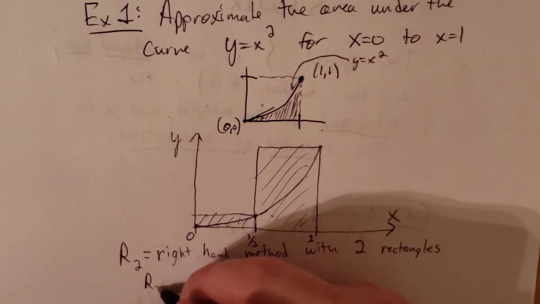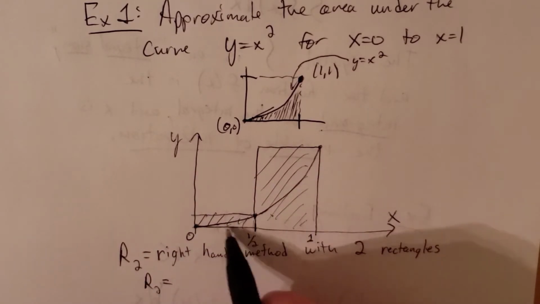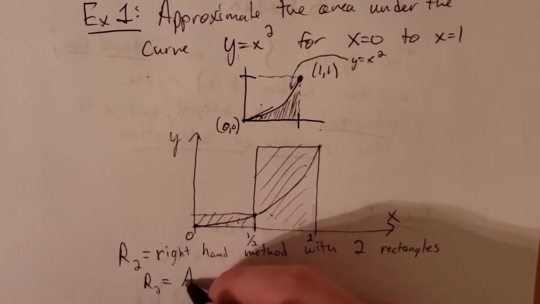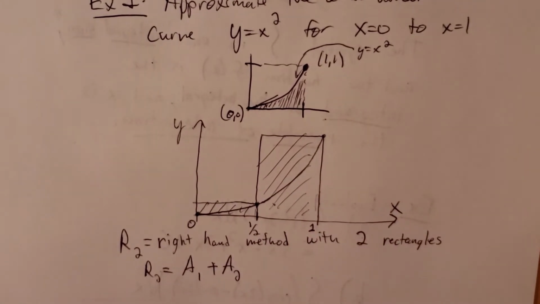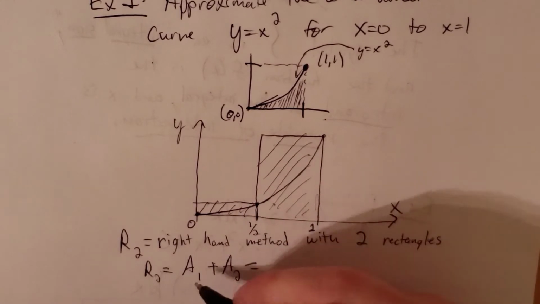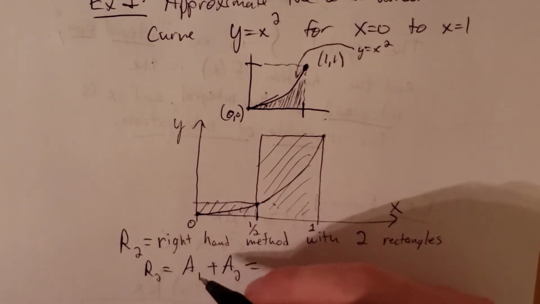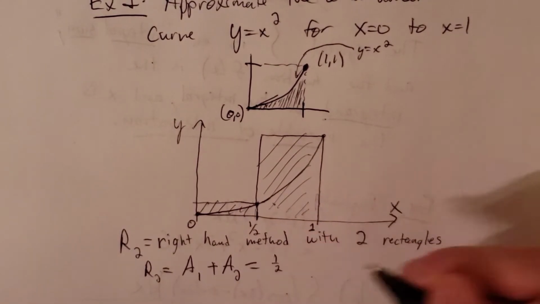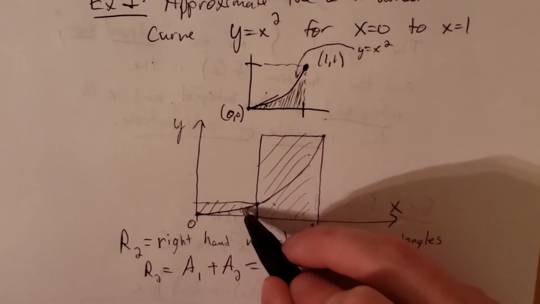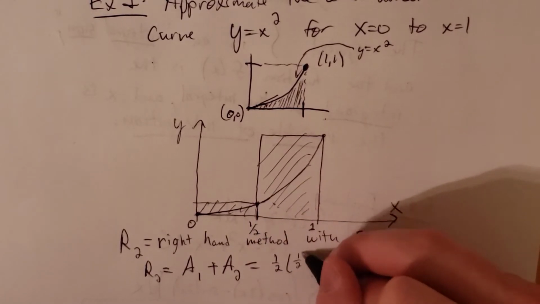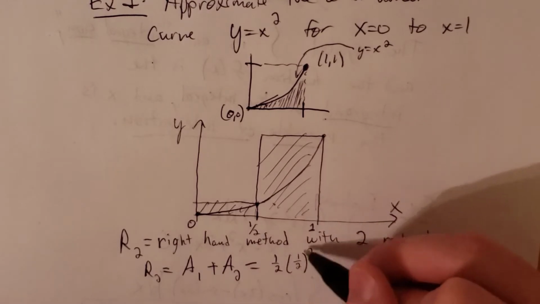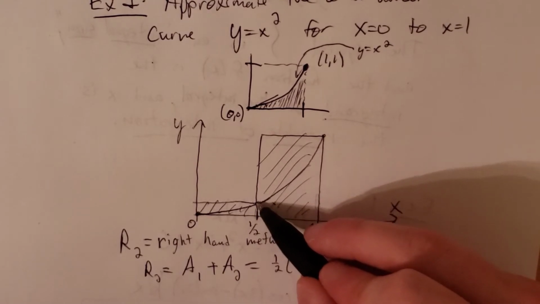So R2 here is the area of the first rectangle, which I'm going to call A1, plus the area of the second rectangle, which we're going to call A2. Now the width of the first rectangle is 1/2, and the height of the first rectangle is (1/2) squared. Why is it squared? Well, that's the value of our function.